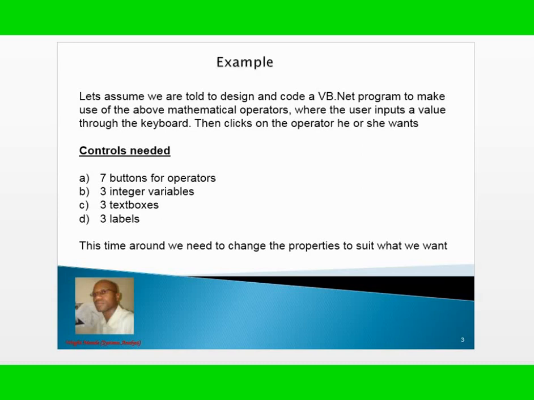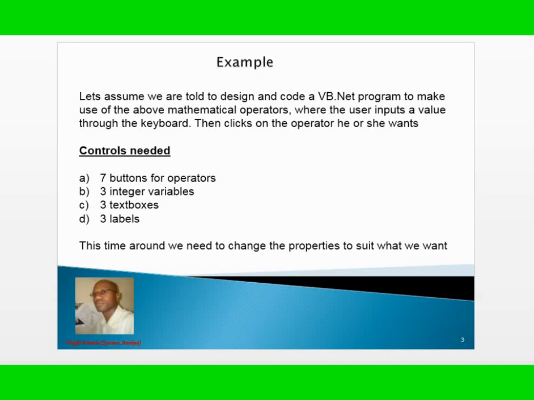We need 3 text boxes, which is the text box control, and we need also 3 labels. And this time around we are going to change all the necessary control properties.